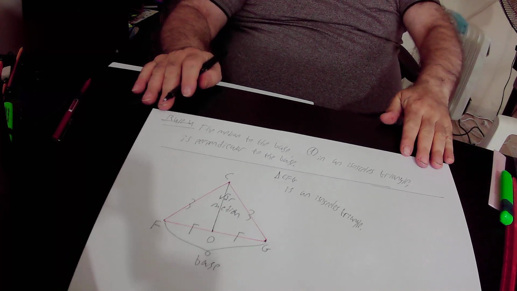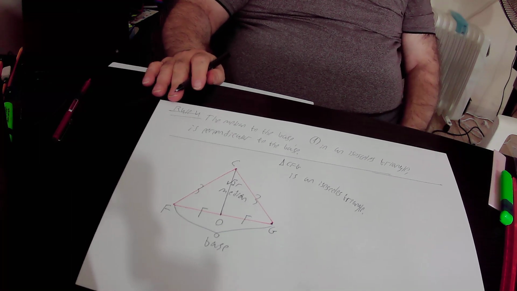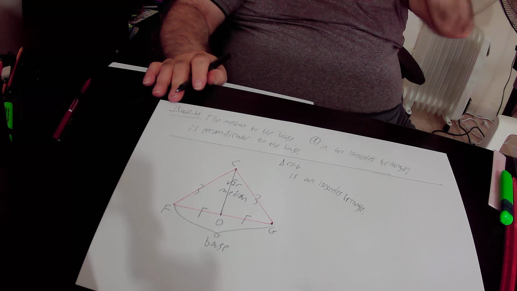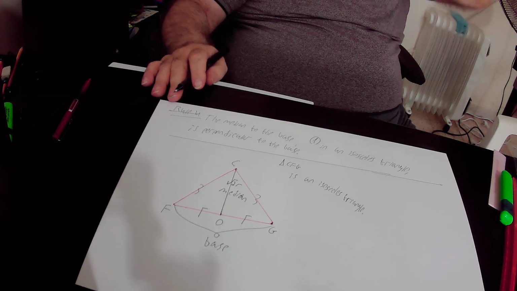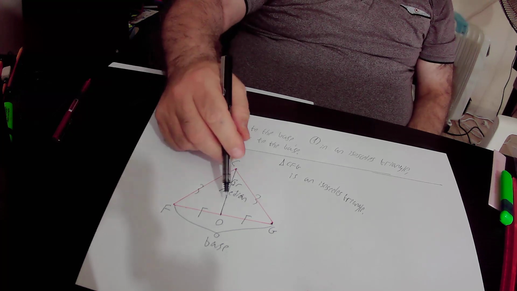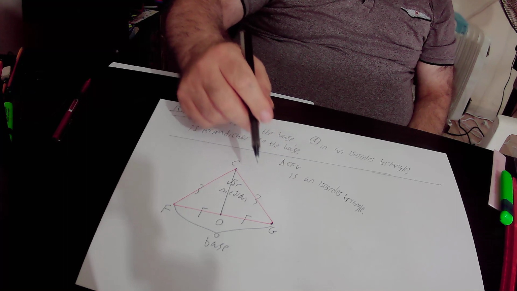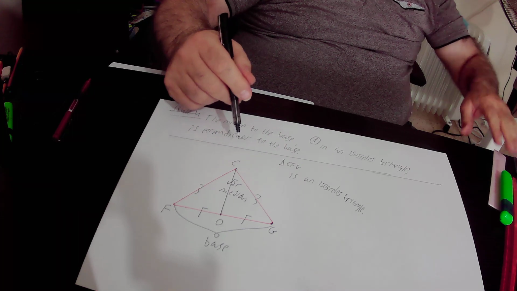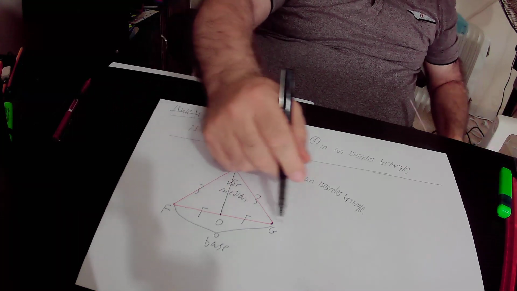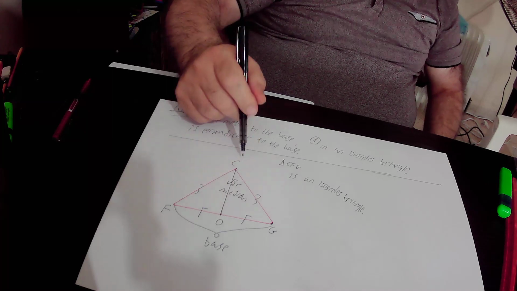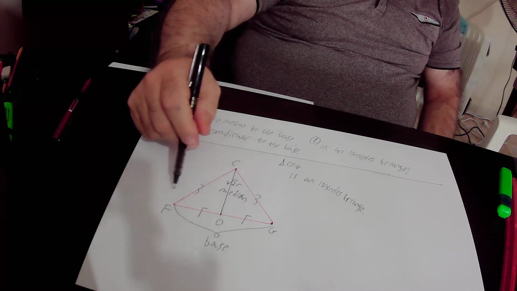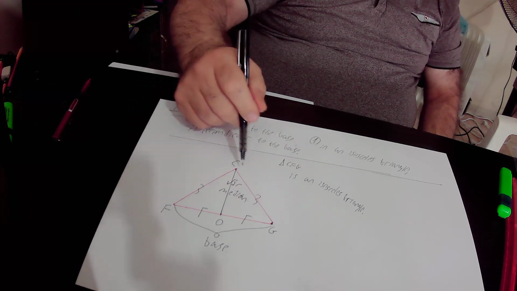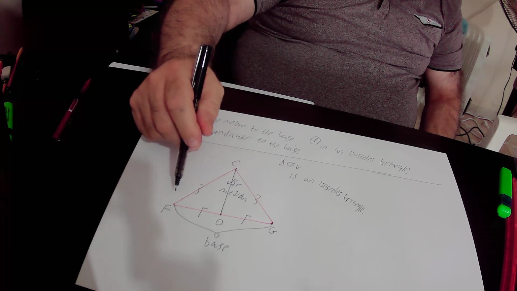So here, according to rule number 4, we will implement it on our isosceles triangle, triangle CFG. The median CO to the base FG is perpendicular to the base FG.